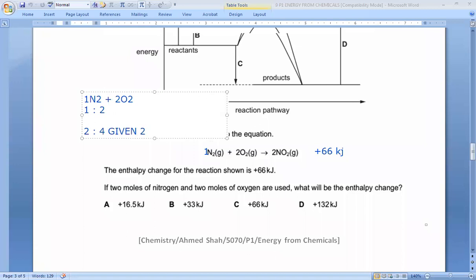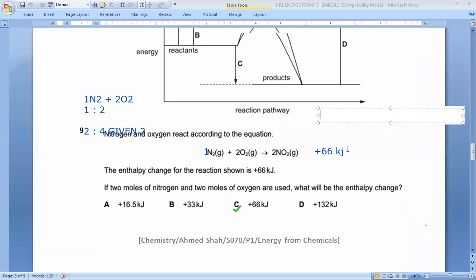So if 1 mole of nitrogen combines with 2 moles of oxygen, 66 kilojoules is needed, but we just increased the moles of nitrogen, and oxygen cannot be increased. So out of 2 moles of nitrogen, only 1 mole combines with 2 moles of oxygen. That is why option C is correct, because there is no change in the value.